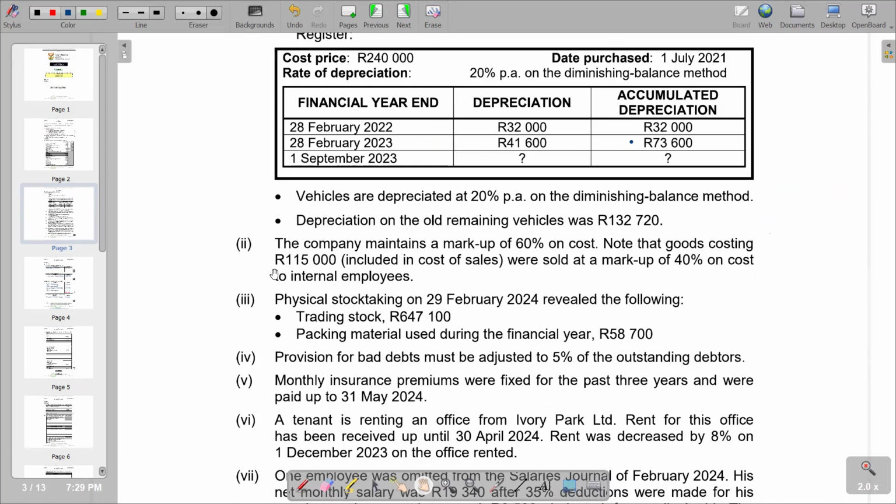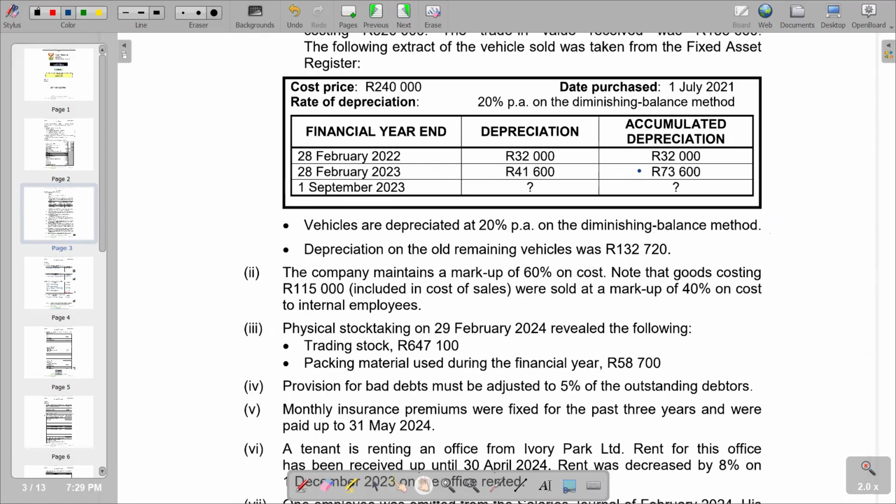So if you come on item 2, item 2 is the company maintains a markup of 60% on cost. Note that goods costing 115,000 rands included in the cost of sales were sold at a markup of 40% on costs to employees.